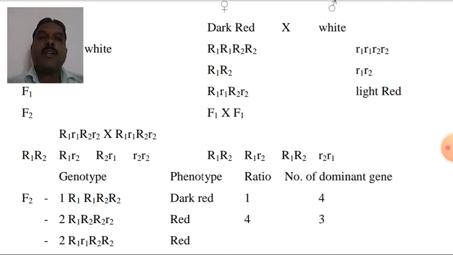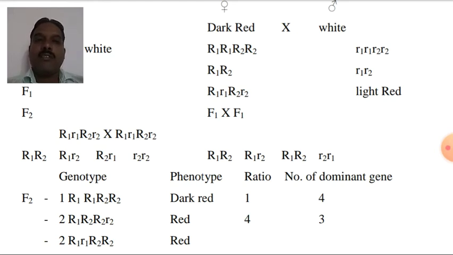In that particular slide there is a correction, that is, gametes are always written in a circle. So capital R1 and capital R2 in a circle, and small r1, small r2 in a circle. The first is the female gamete, the second is the male gamete. When there is union of gametes, the F1 generation, or new individual, obtained is capital R1, small r1, capital R2, small r2.